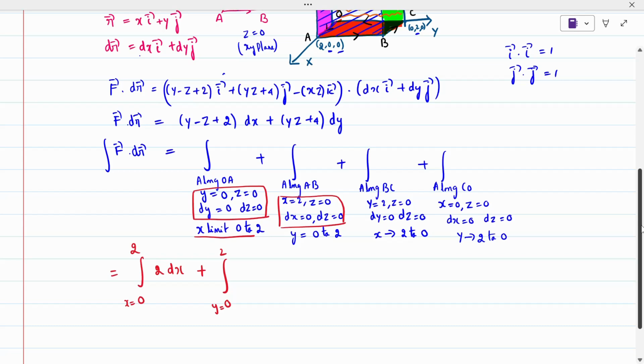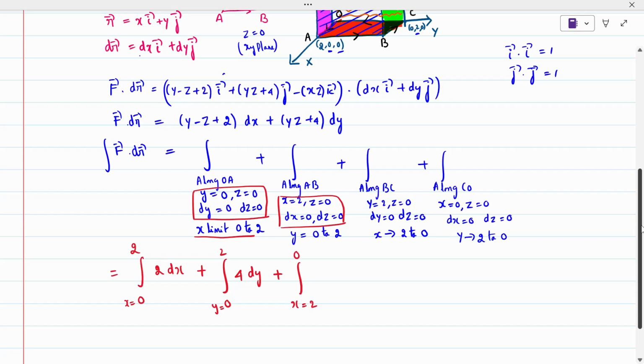In this when I substitute, d is 0, a is 0, so this term I will not get. So 4 dy is completed.